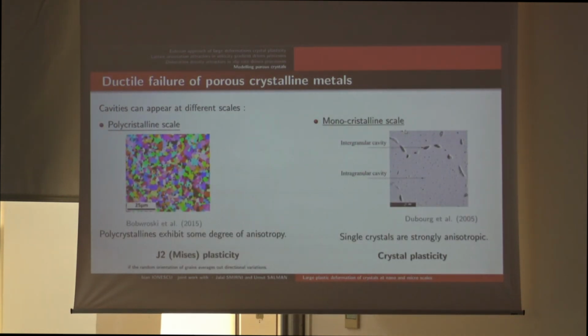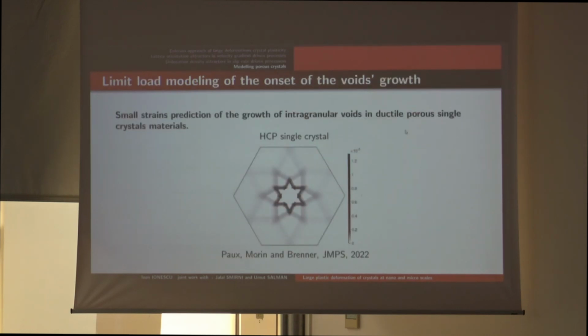Only 1 minute, just to tell you how this model can be used to see what happens in the voids in the crystal. Here you have these points, which are intergranular cavities. We wanted to see what happened in this case.